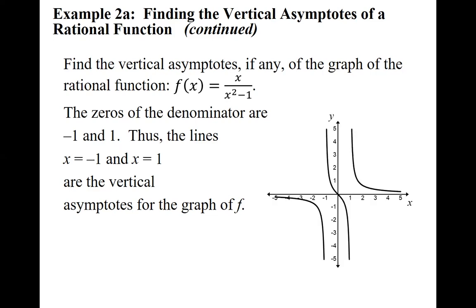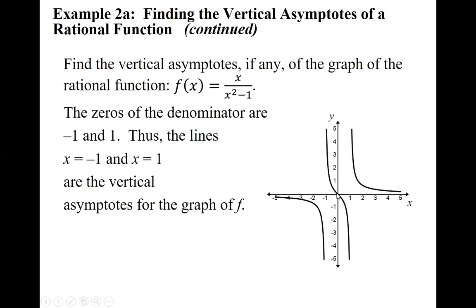The difference is now we're going to show the graph. And we can see at negative 1, as we approach from the left, the function goes down forever. It approaches negative infinity. As we approach negative 1 from the right, the function bends up forever. It approaches positive infinity.